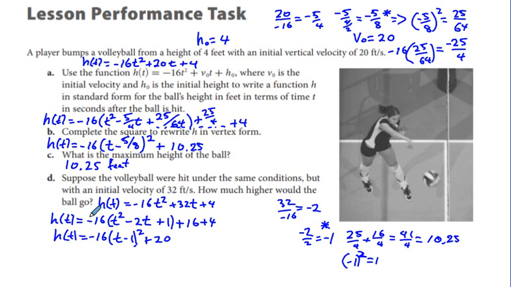Now we're ready to answer: how much higher would the ball be? The ball would be 20 minus 10.25, which equals 9.75 feet higher.